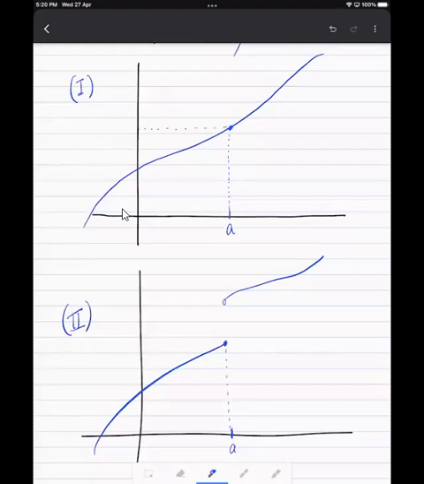Like f of A is defined, okay? So what do we need to choose first, epsilon or delta? Epsilon. Is epsilon around f of A or A?